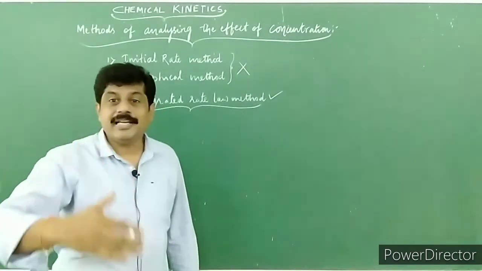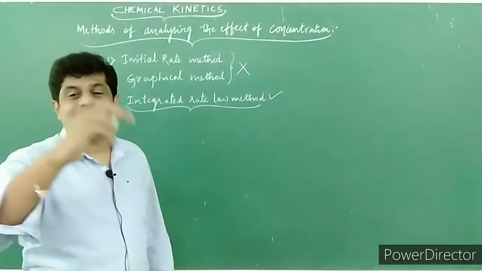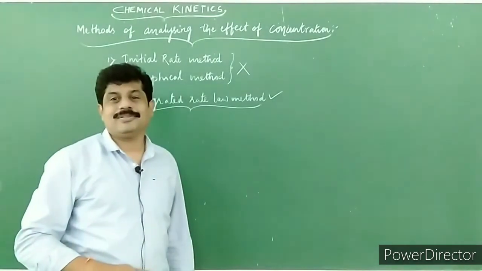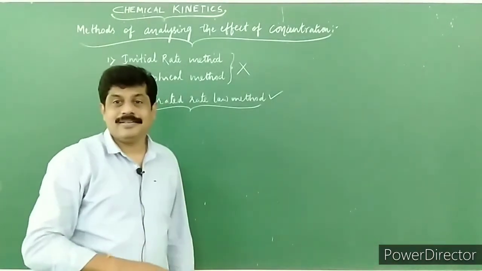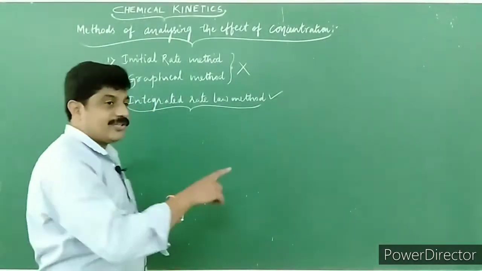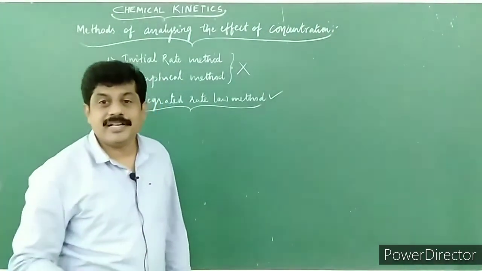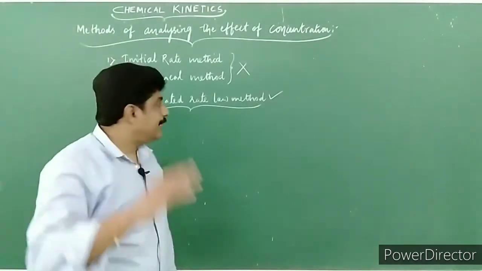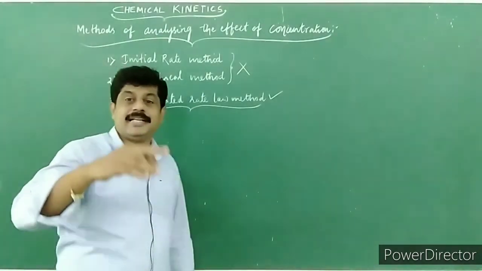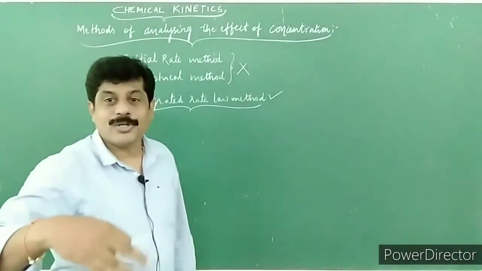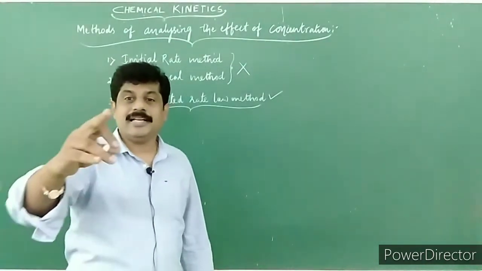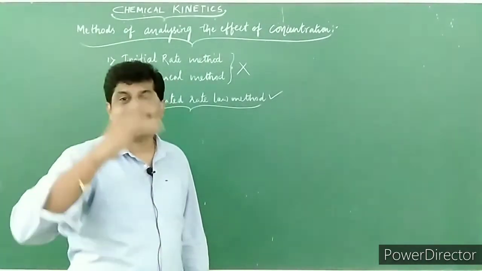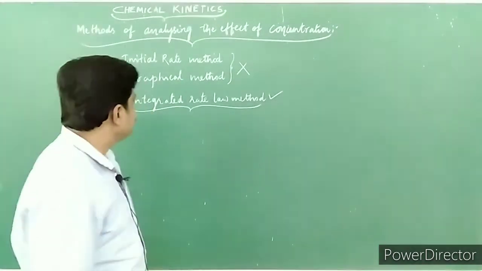That is why we need to integrate the differential rate equation. Also remember, integrated rate equation is different for different order of a reaction. Children, let me take up the integrated rate equation for zero order reaction, and then I will take up integrated rate equation for first order reaction.